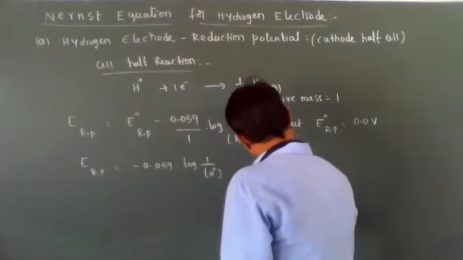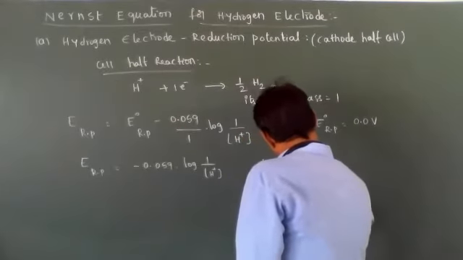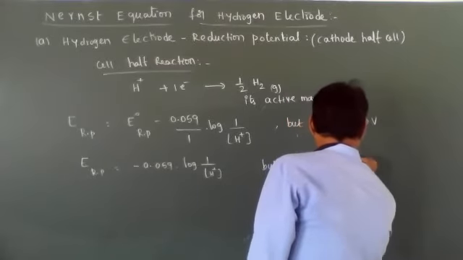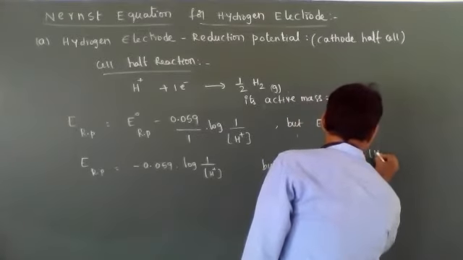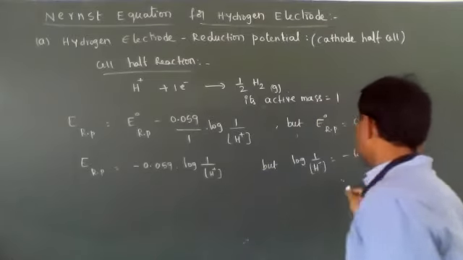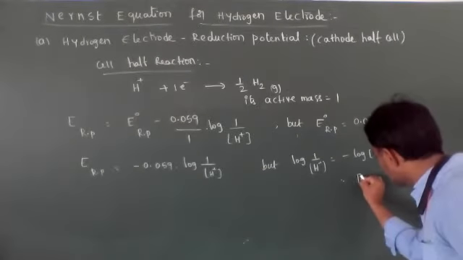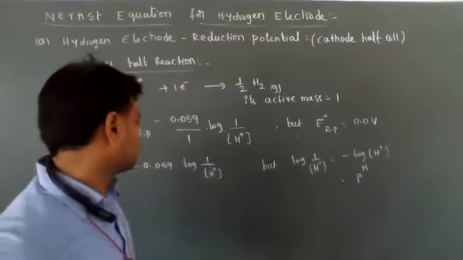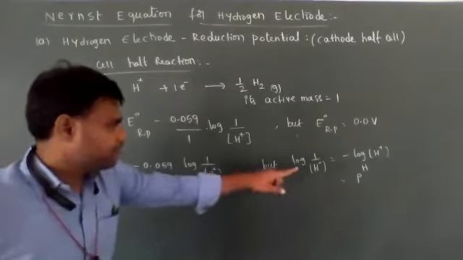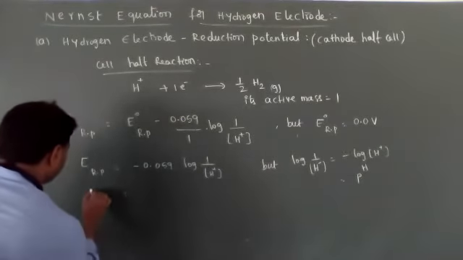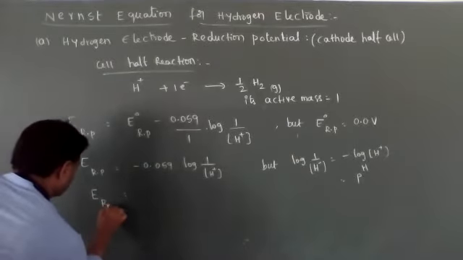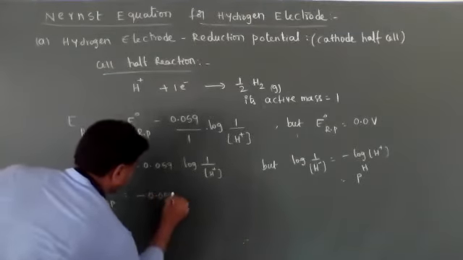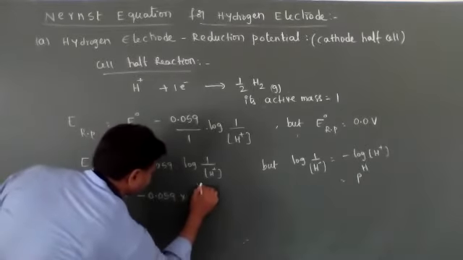We know that log 1 by H plus ions concentration is equal to minus log H plus ions concentration. Minus log H plus ions concentration is nothing but pH, the negative logarithm of H plus ions concentration. So here I can write pH. So the hydrogen electrode reduction potential is equal to minus 0.059 into pH.